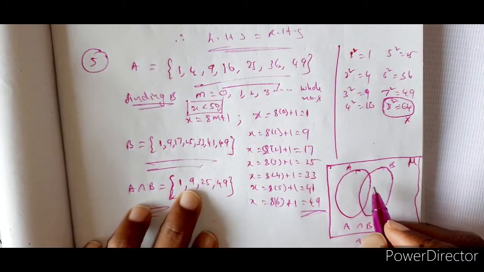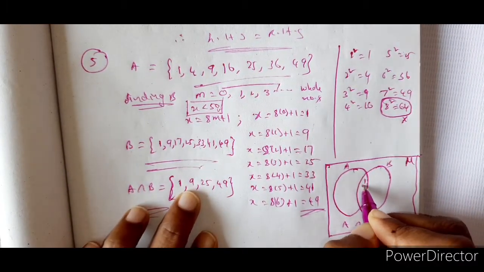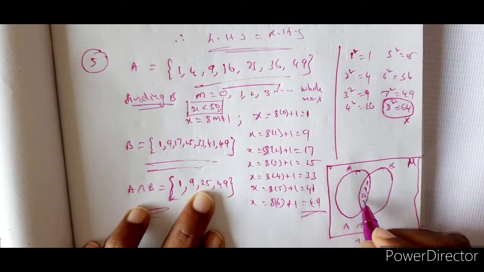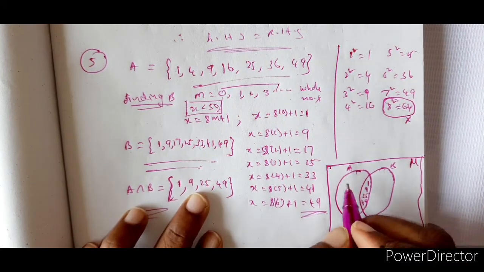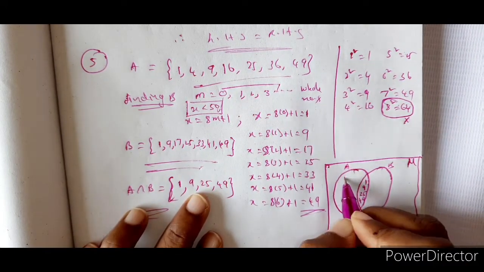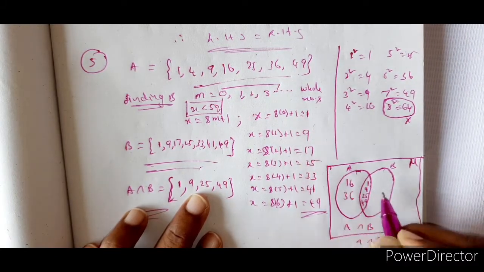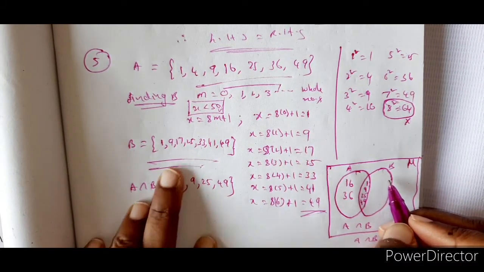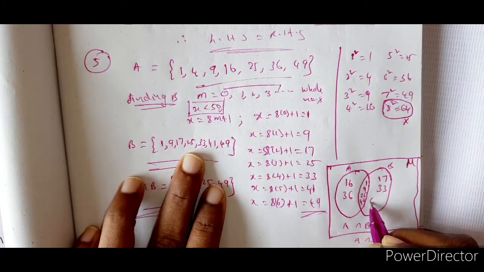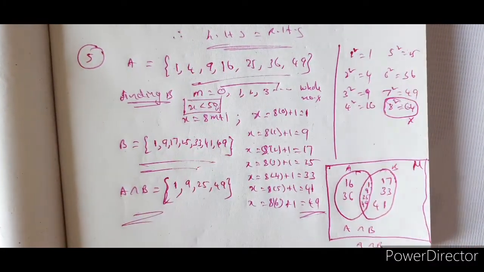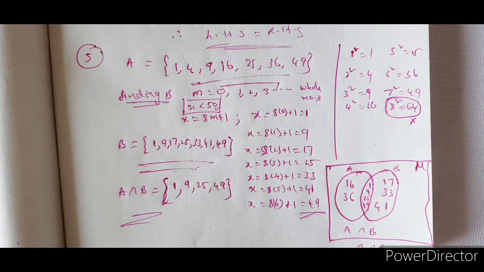First of all, write the common elements as always. 1, 9, 25, 49. So these are the common elements. Left over in A, 16 is there, 36 is there. In B, 17 is there, 33, 41. This is about Venn diagram. Yeah, note it down.